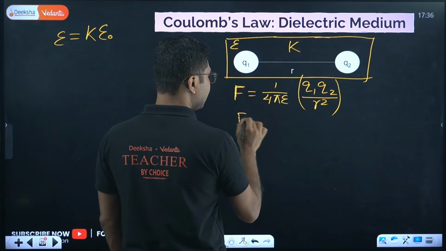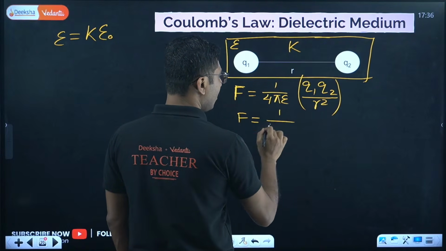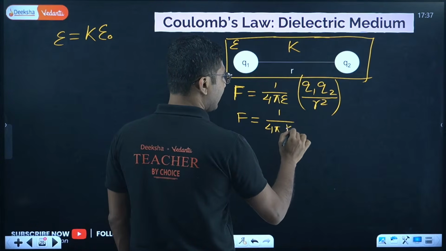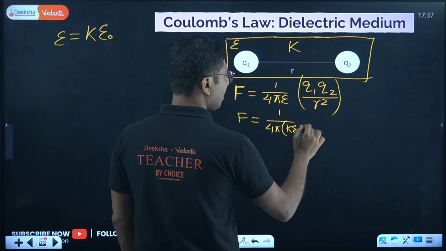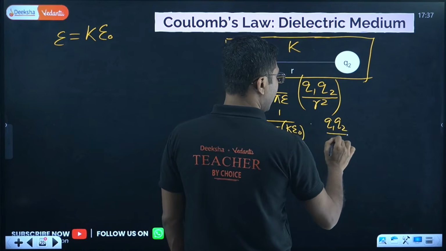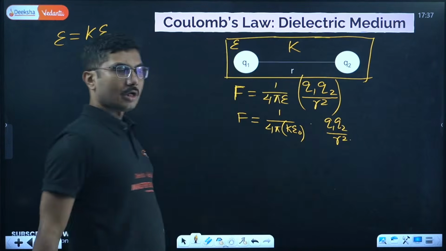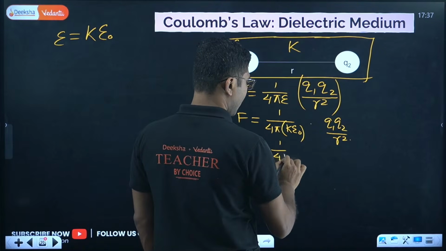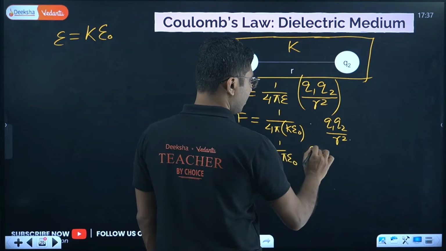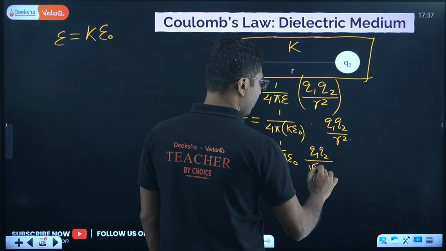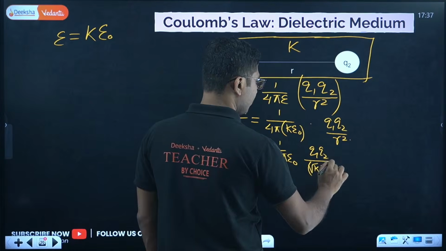So we can write this force as 1 by 4 pi k into epsilon naught, q1 q2 by r square, or we can write 1 by 4 pi epsilon naught q1 q2 by root over k into r, whole square.